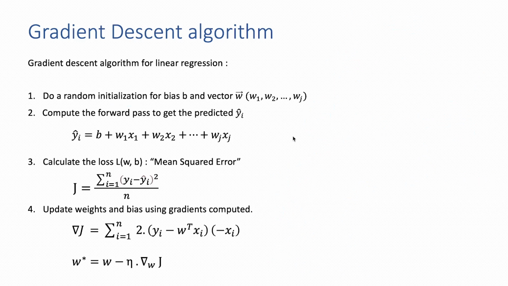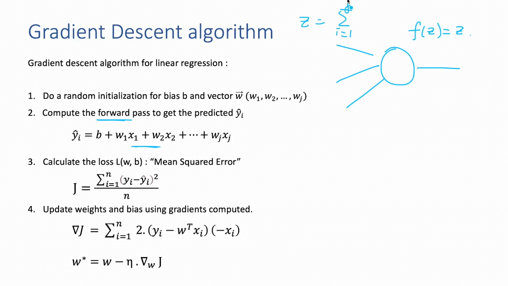Okay. And then the second step involves the forward pass, which we clearly know. In our implementation, we had one neuron, multiple inputs and one output. The activation function that we have used was a linear activation function, where f of z is going to be z itself. Z here is the summation of i equal to 1 to j of wi xi plus b.